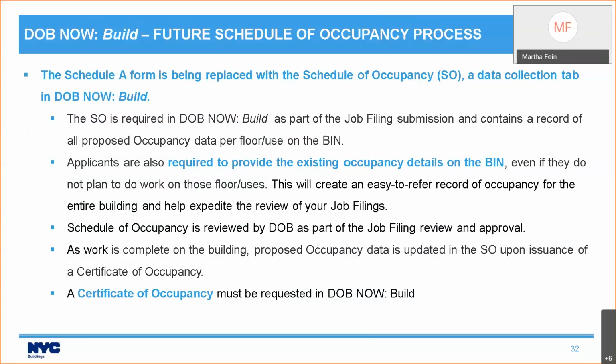The reason you have to do this is because the goal is to make it easier for the next person. If I go and I'm working on a 5-story building and I'm only working on the first and second floors, but I fill in the information for the whole building, then later on, once my colleague Abhishek goes to start his Alt-1 on that building, or his Alt-CO as we're now calling them, when he goes into the Schedule of Occupancy, all of the information that I put in and got approved by DOB is going to automatically show up on his Schedule of Occupancy.